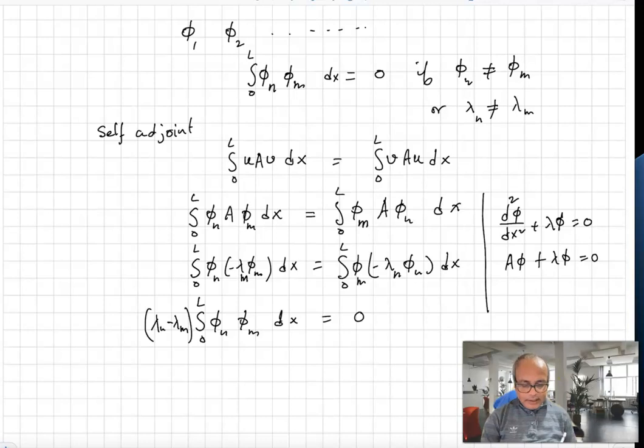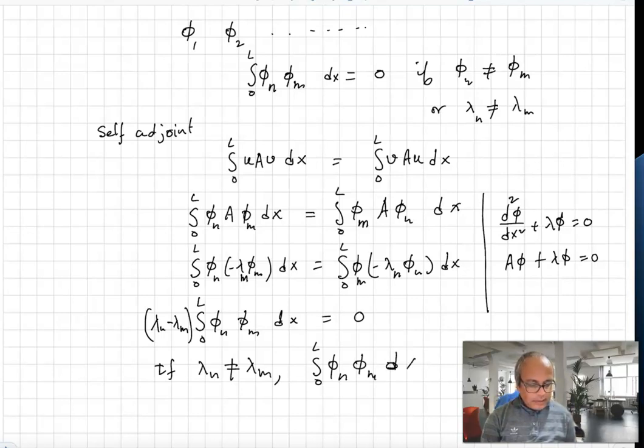And definitely you can say if lambda n is not equal to lambda m, this integral of phi n phi m dx is 0. This integral is 0 if lambda n is not equal to lambda m, which implies if phi n is not equal to phi m, or the eigenfunctions are not equal.